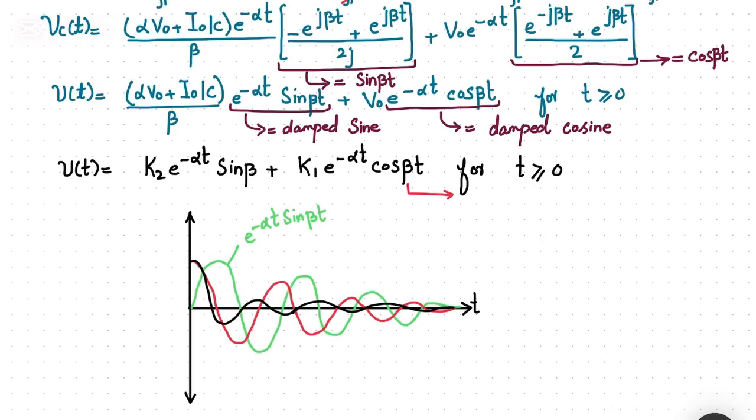Both alpha and beta are basically frequencies, because in e^(-αt), the exponential function, this factor should be a unitless quantity. Therefore alpha is a frequency and this is known as Napier's frequency, and beta is also a frequency and this is known as radian frequency.